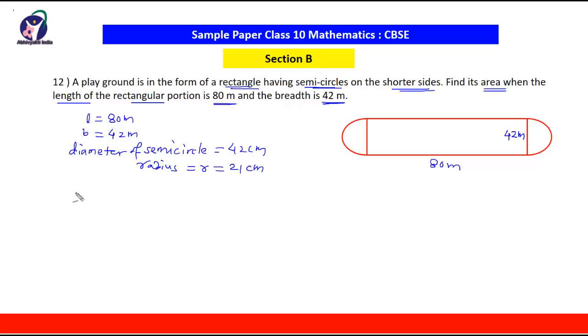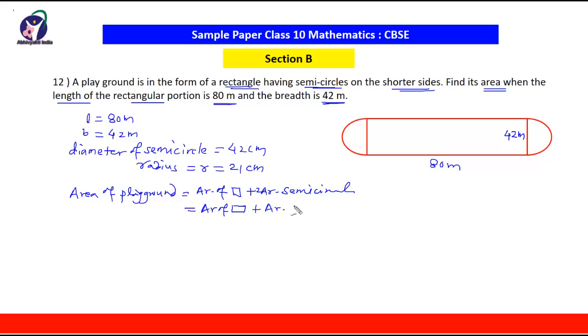So we can find the area of playground, that is equal to area of rectangle plus twice area of semicircle. So which is equal to area of rectangle plus area of circle, because twice a semicircle means area of a circle.